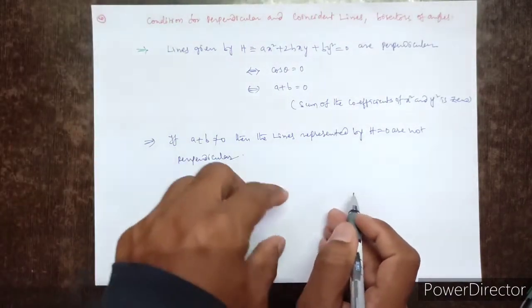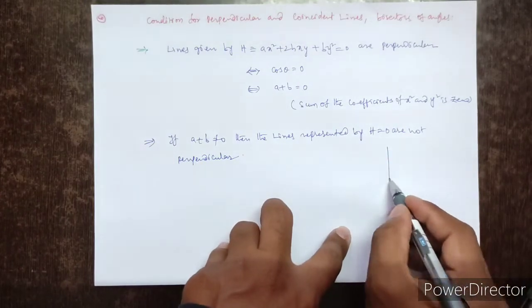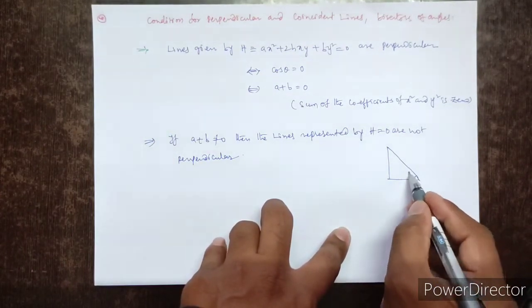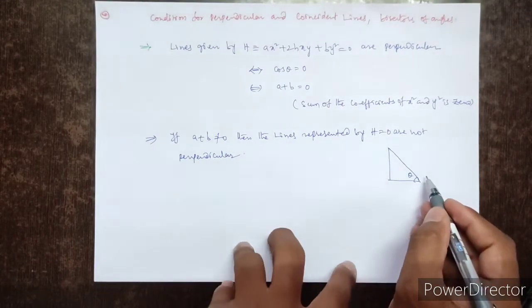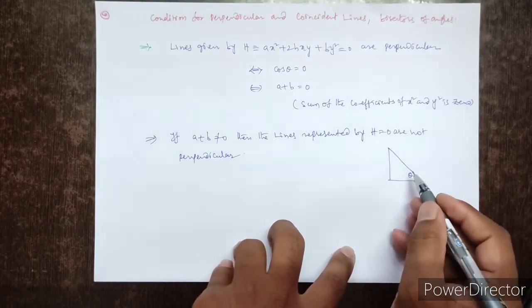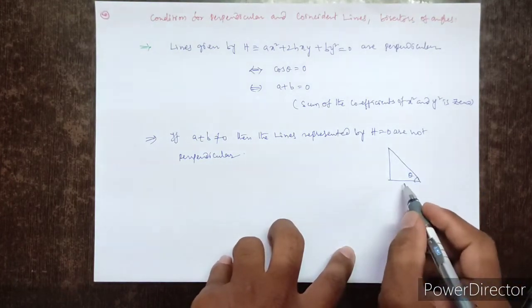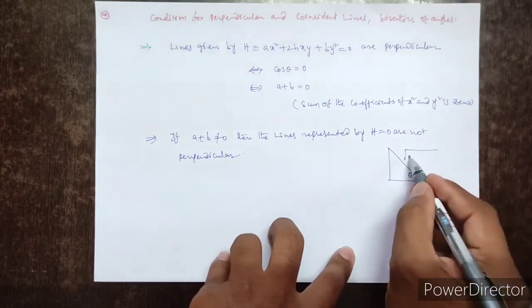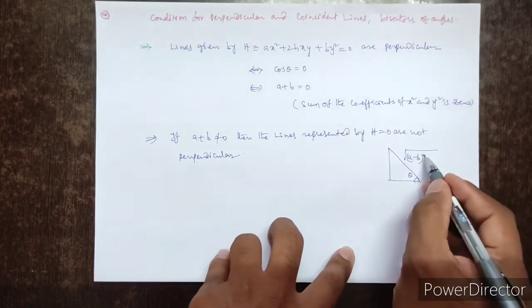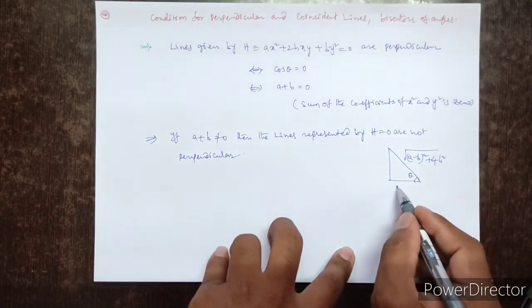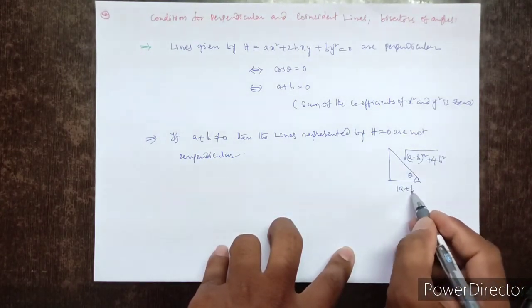Of course, this is a triangle here with angle theta, so cos theta is adjacent side by hypotenuse. The hypotenuse is root of (a minus b) whole square plus 4h square, and the adjacent side is mod a plus b.